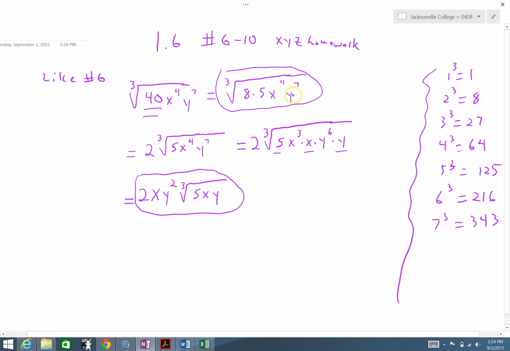How many times will 3 go into 7? 2 times. So here I have this y squared, 2 times 3 is 6. We have 1 power of y left over. So if you can essentially divide each one of these exponents by this number, the whole amount will come out of the radical symbol and the remainder will be left over inside.